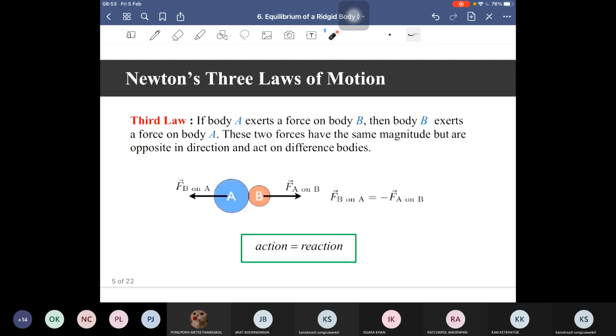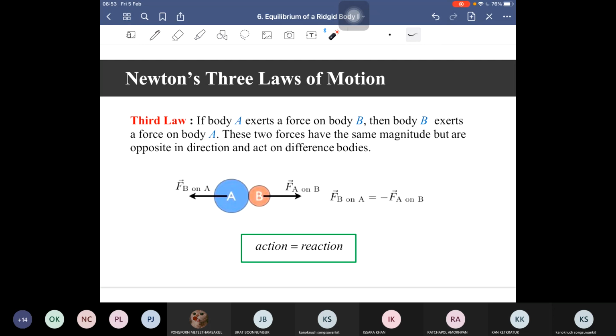And the next law that we're going to use in this class is the third law. It says that if body A exerts a force on body B, then body B exerts a force on body A. These two forces have the same magnitude but are opposite in direction and act on different bodies. So this law is known as action and reaction force.